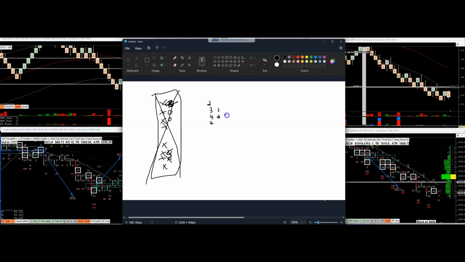And you'll see that it'll build your base. And then all of a sudden you'll get a move. So for example, when it hits this resistance area, the volume typically will increase.